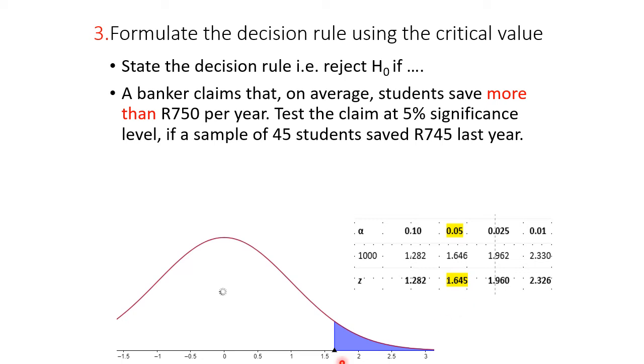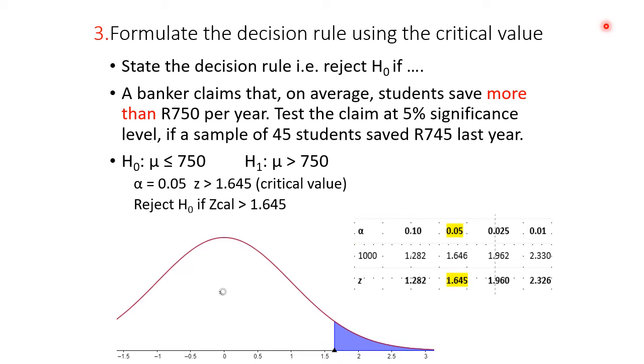All right, it's here. That will determine my rejection area. Because I'm looking at greater than, which means on the positive side, this is the rejection area.